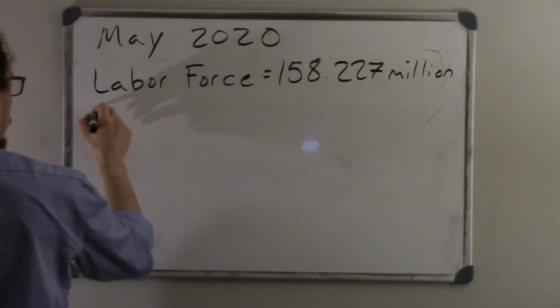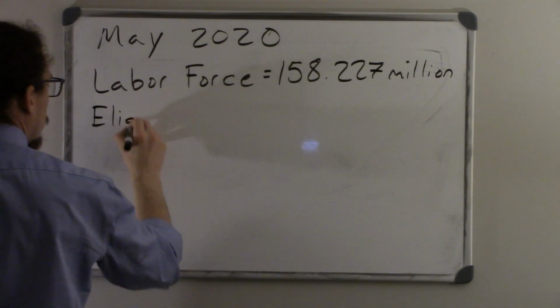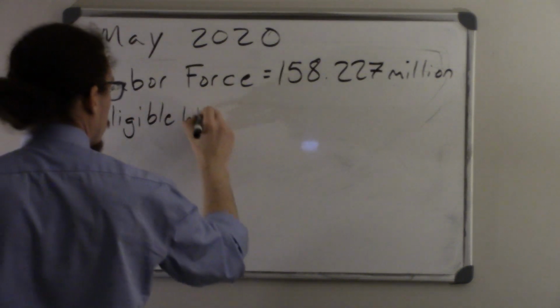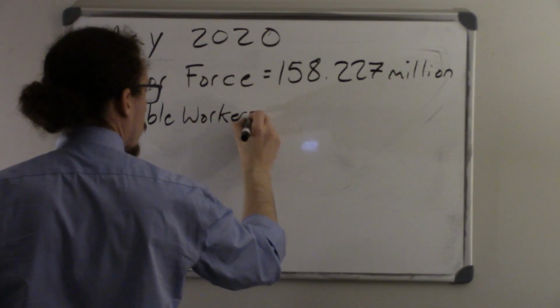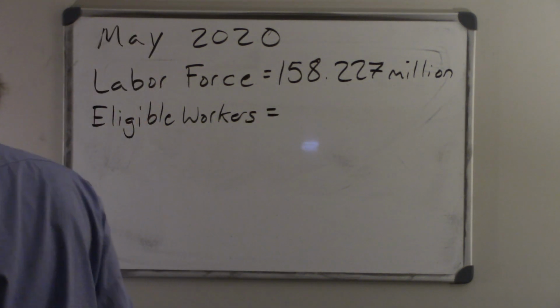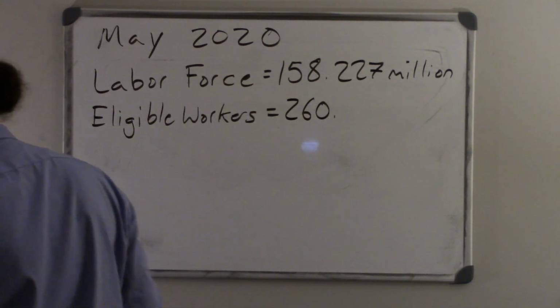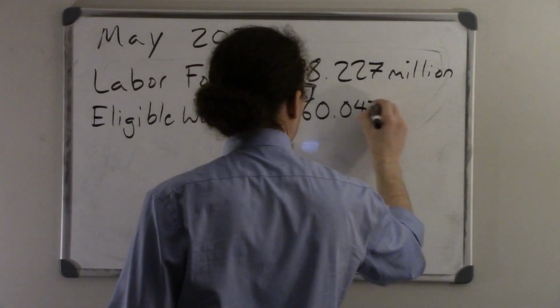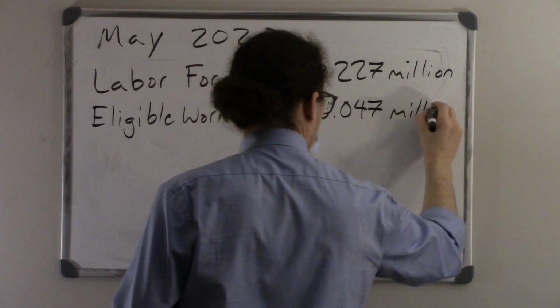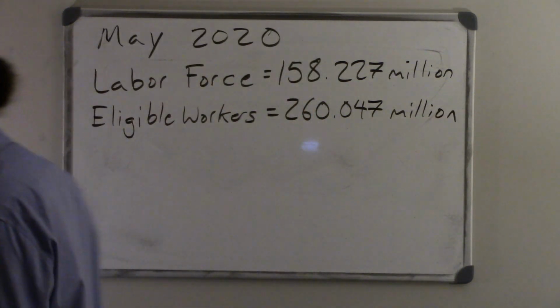And our adult population, our eligible workers, is equal to 260.047 million.